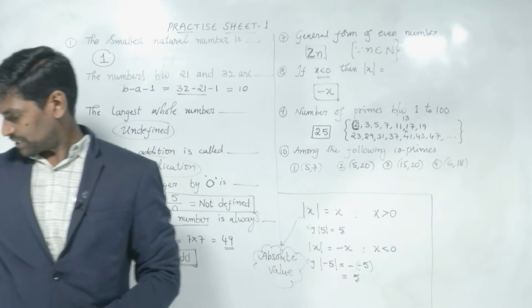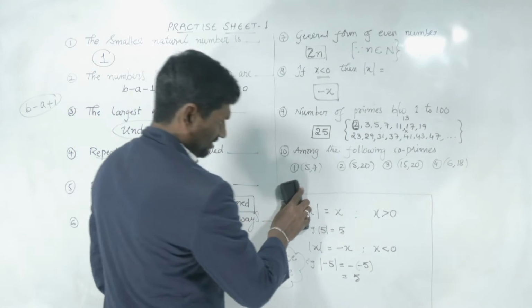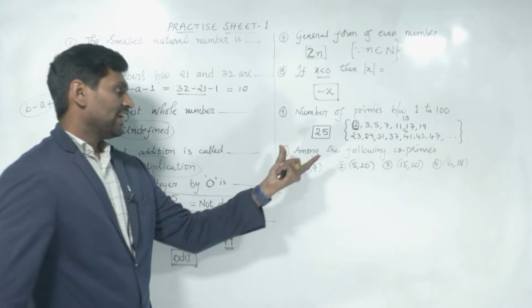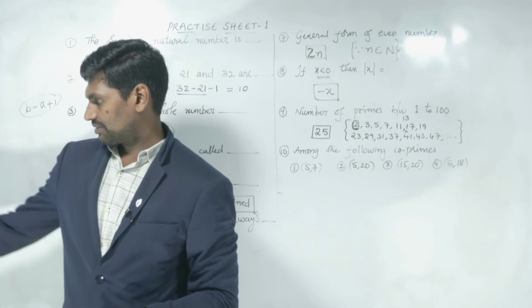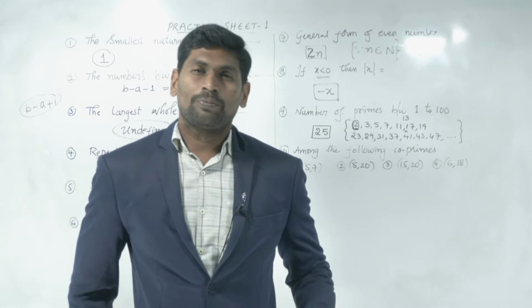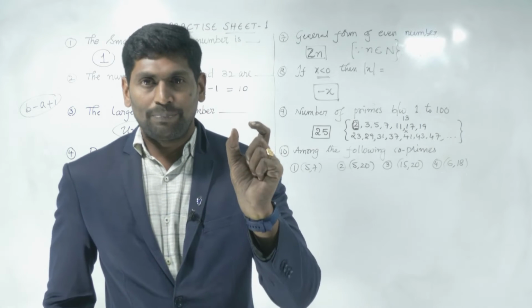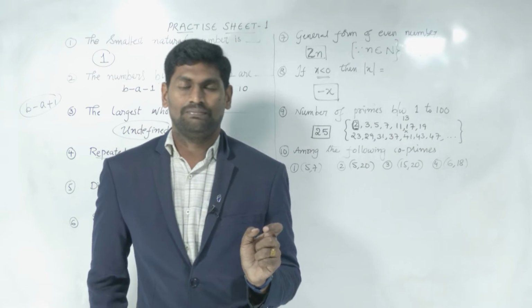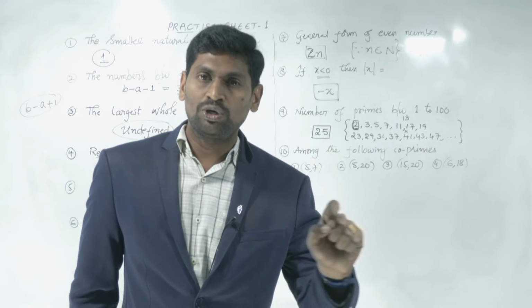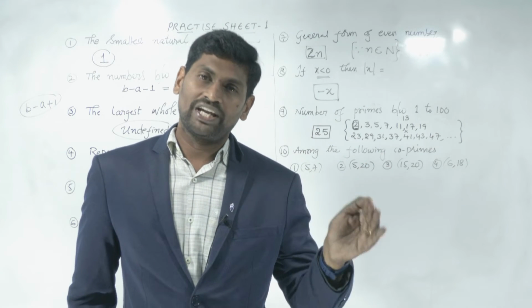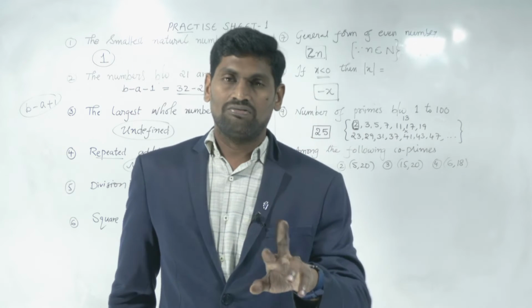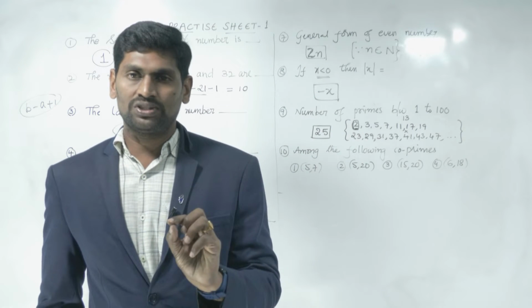Coming to the last question for this practice sheet. Among the following, coprimes. Here co-primes means a pair of numbers, that is two numbers. A pair of numbers always need not be primes. We can take one prime number and one composite number.